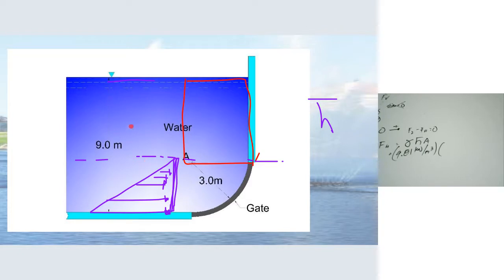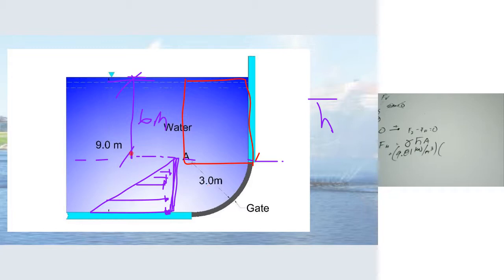Therefore, we have what? We can determine this depth. So ano po ito? This is 6, right? 6 meters. So 9 minus 3.